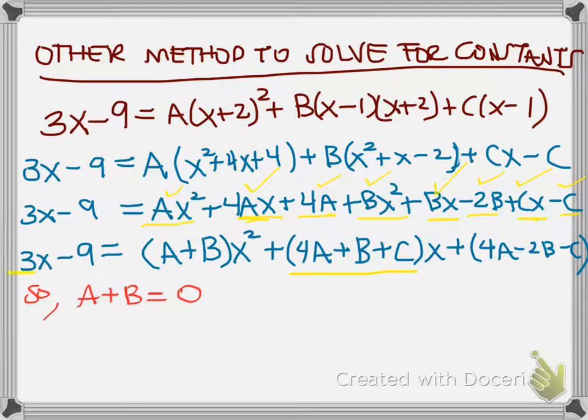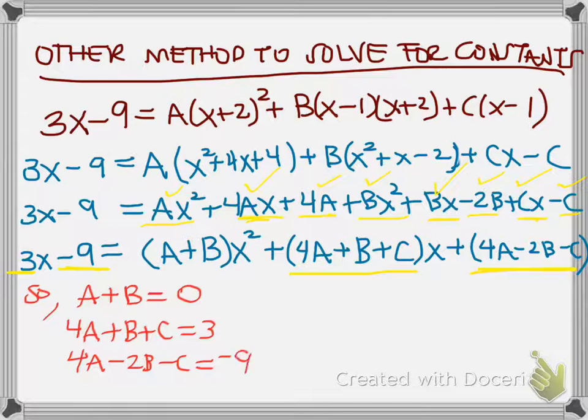On the left-hand side, it's 3. So that means we want 4a plus b plus c to equal 3. Okay? And then for the constant term, we want that to equal negative 9. So 4a minus 2b minus c equals negative 9.